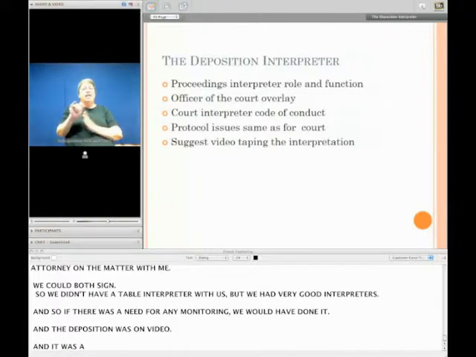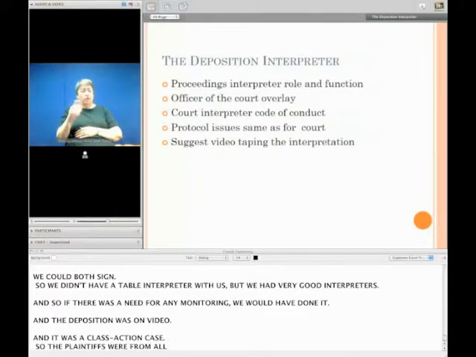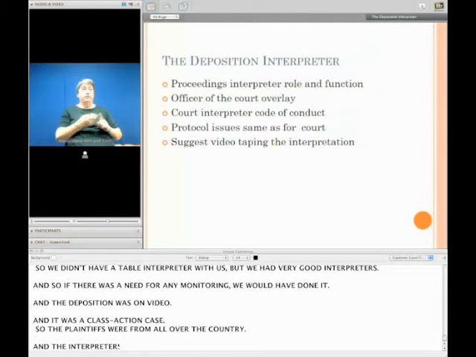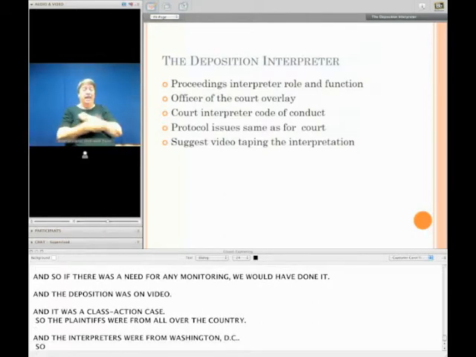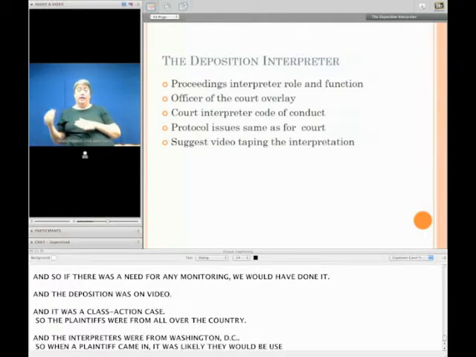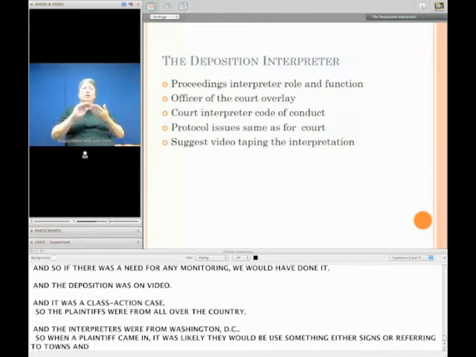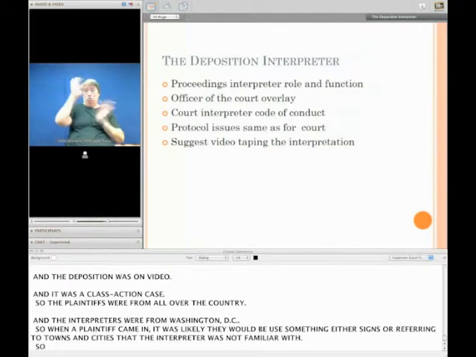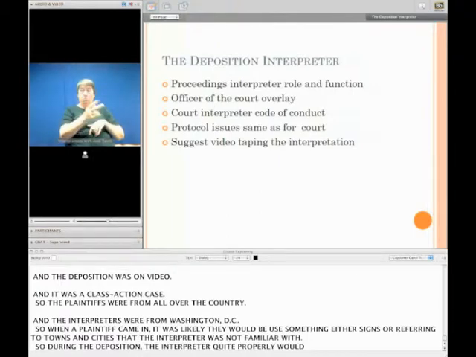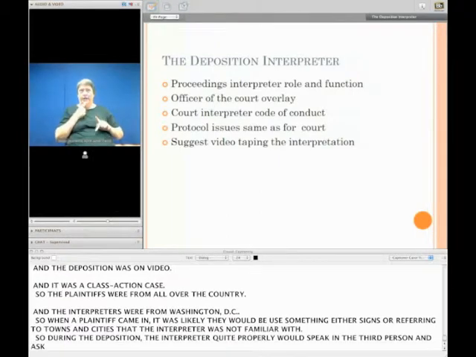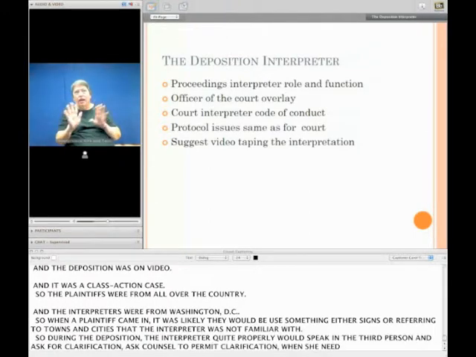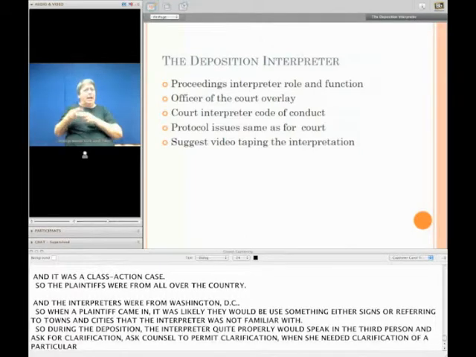So the plaintiffs were from all over the country, and the interpreters were from Washington, D.C. So when a plaintiff came in, it was likely that they would be using some signs or referring to towns and cities that the interpreter was not familiar with. So during the deposition, the interpreter quite properly would speak in the third person and ask counsel to permit clarification when she needed clarification of a particular sign, which was fine.